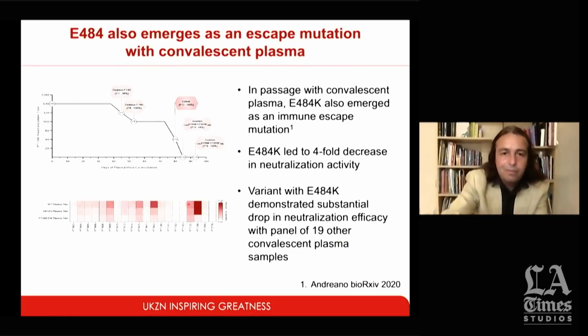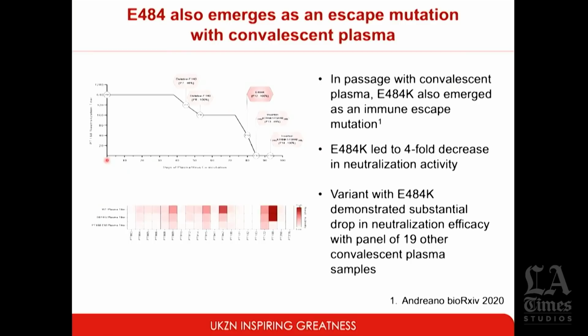Another crucial experiment comes from the group in Italy, who grew this virus in the lab and kept putting in convalescent plasma, and around 11 weeks or day 80, it developed the E484K, and that's a massive decrease in neutralization. It's followed by an insertion and basic change. This is now a completely immune-escape mutation.